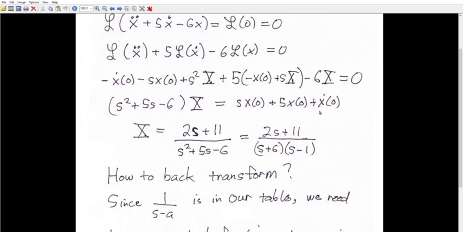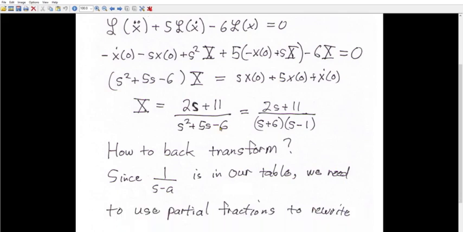And when we plug stuff in, what we discover is x of 0 is 2, and that'll give us a 2s plus 10, and x dot of 0 is 1, so we end up with 2s plus 11 on this side. We divide through by this thing, and we get something that doesn't look a whole lot like anything in the table, which is a problem because we're going to back transform.